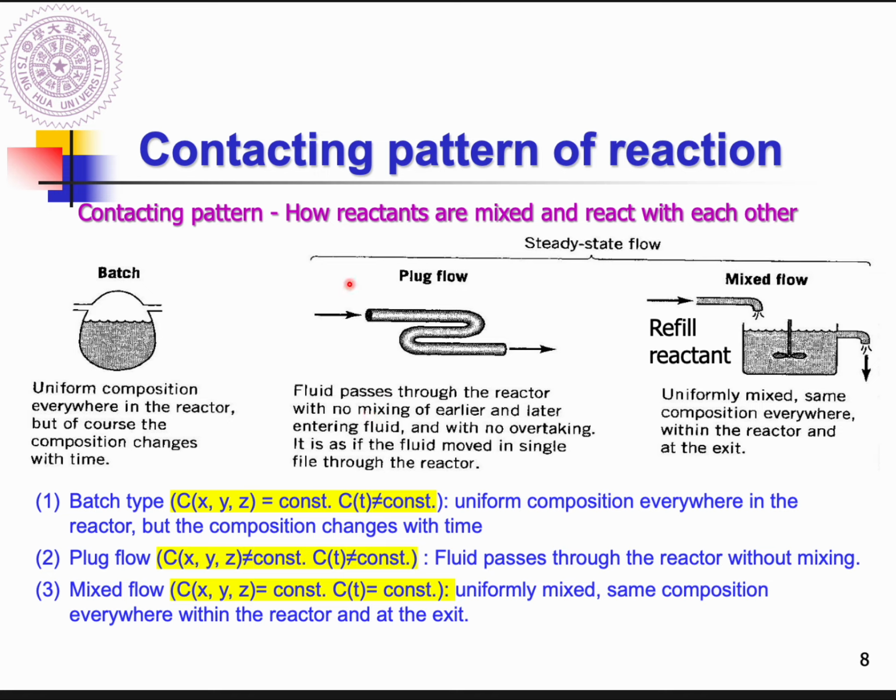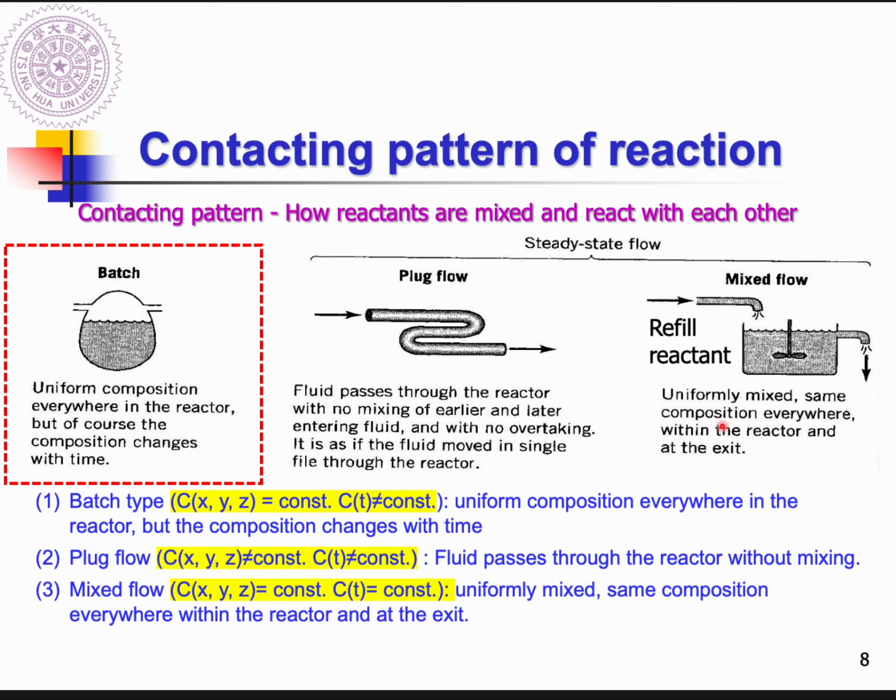Is this one? No. The batch type will be the contacting pattern we always talk about in kinetics. Why? Because in batch type, the concentration of reactants or product changes with time. As I mentioned, kinetics talks about change as a function of time, right?